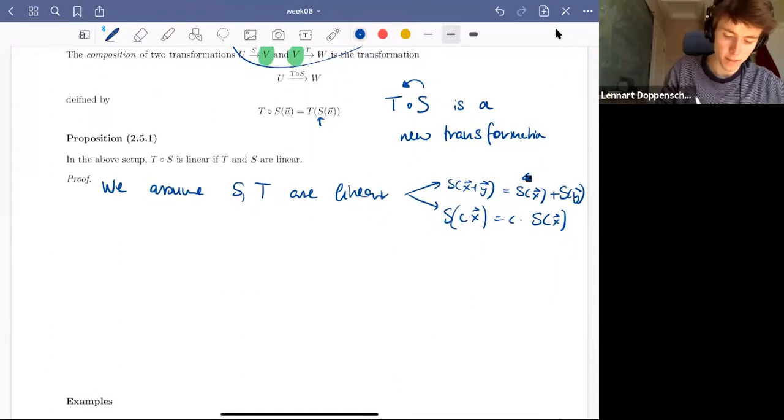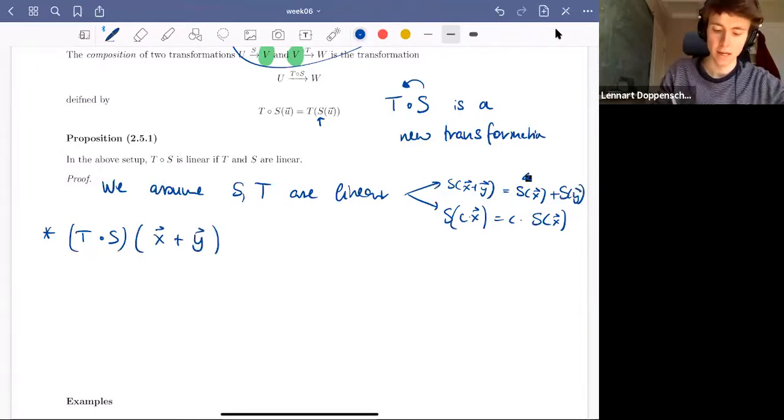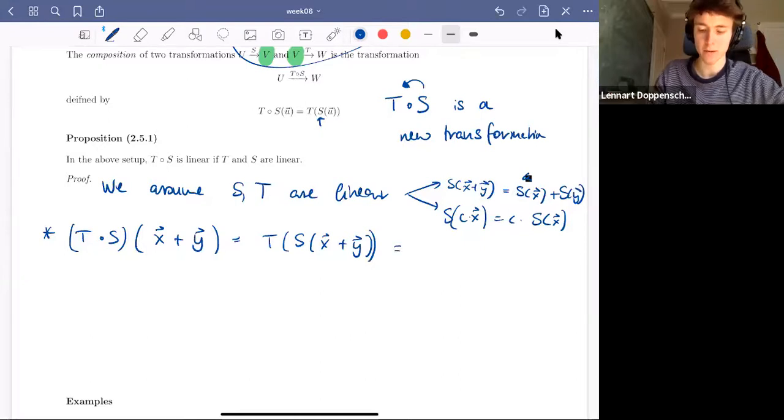So this means we have to check two things. We apply T composed S to a sum of vectors x plus y. And by definition, this really just is T applied to the result of S of x plus y. But now what we can do is apply linearity for S, so we can modify the inner part.